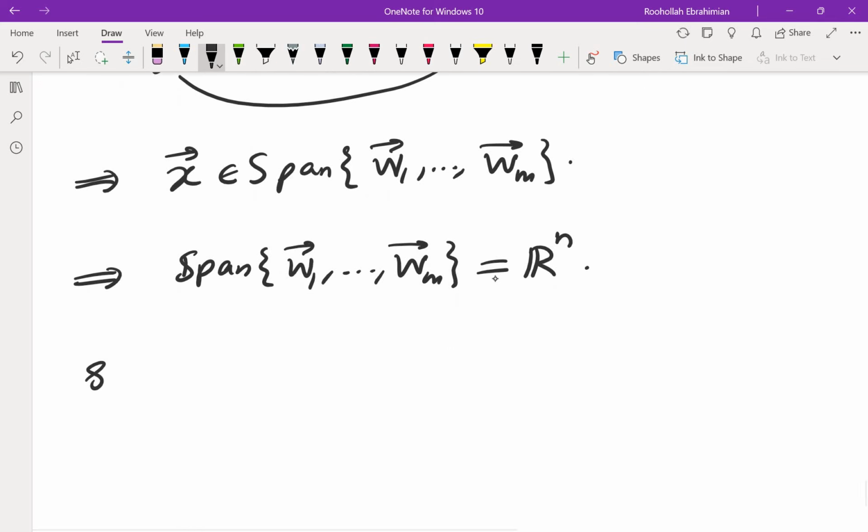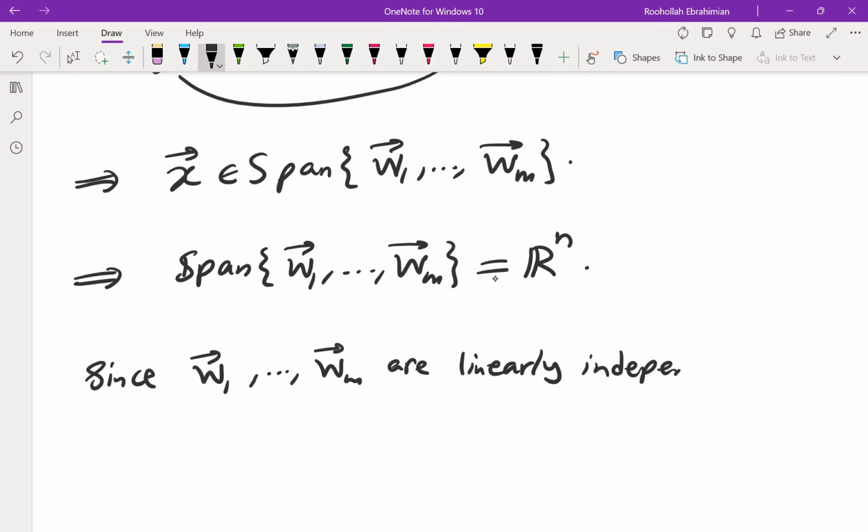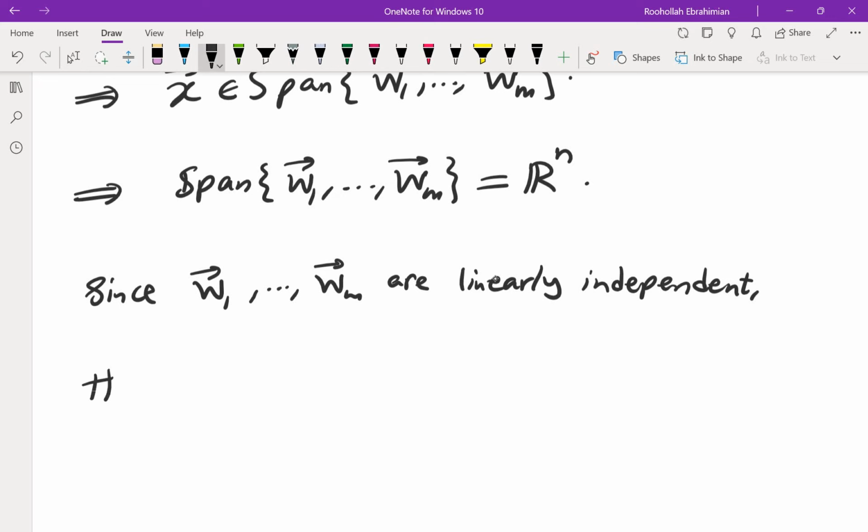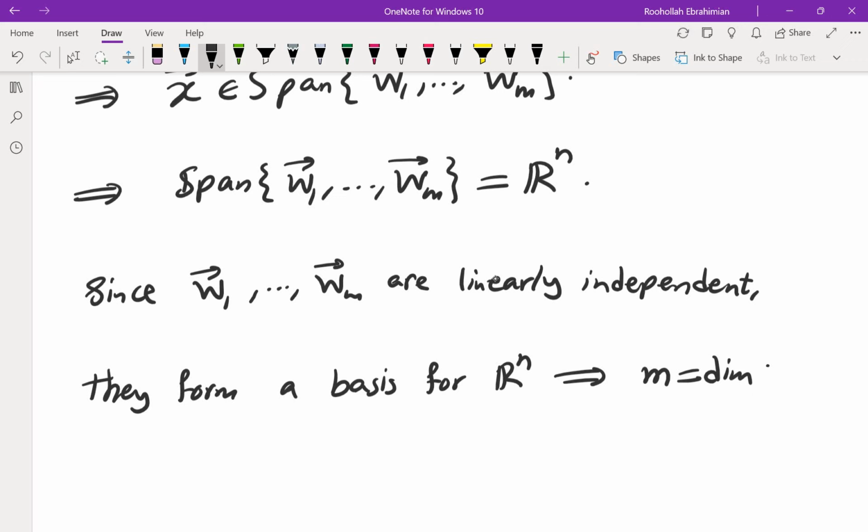But since W1 through Wm are linearly independent, they form a basis for Rn. So that tells us m is exactly the dimension of Rn.